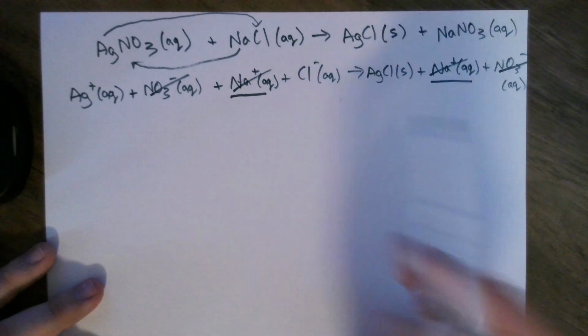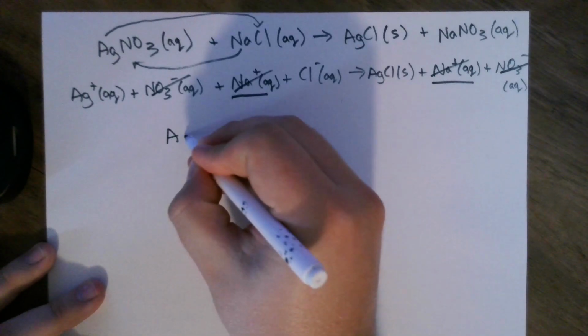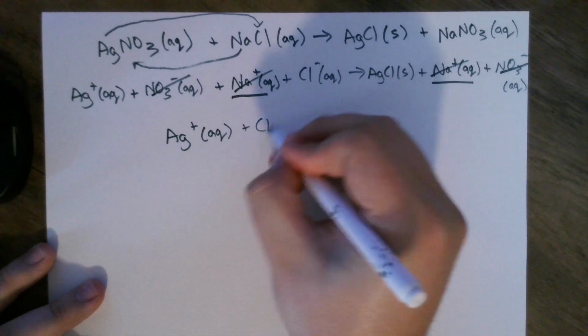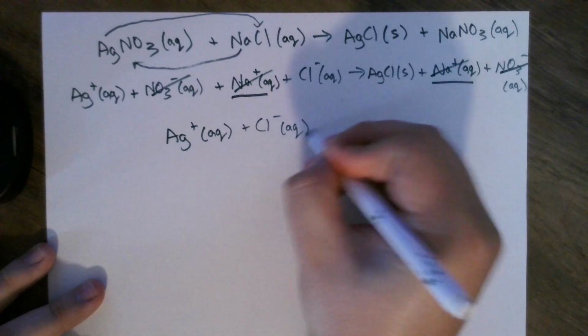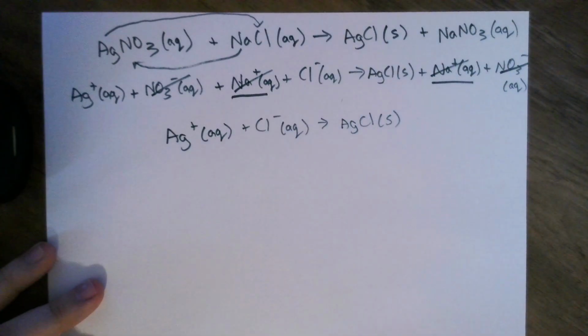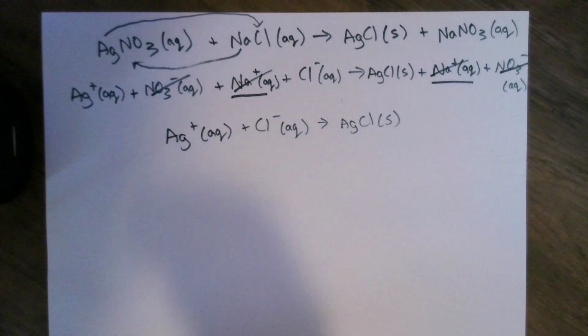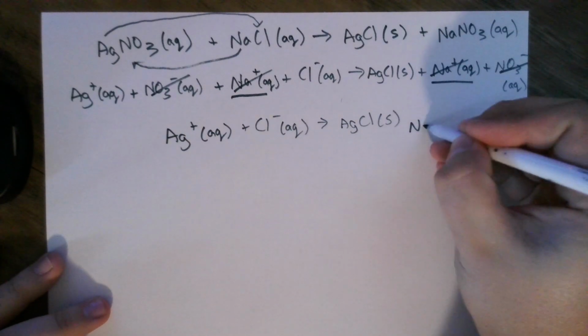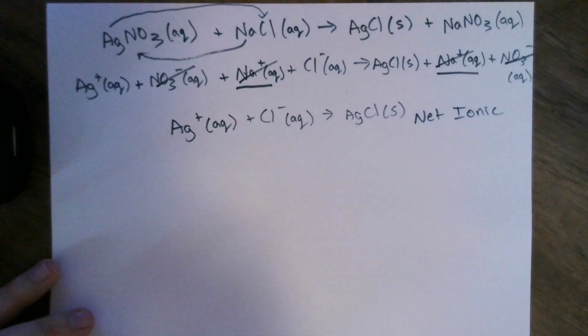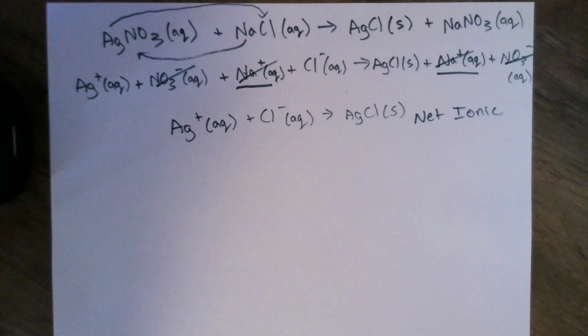Same with this Cl. So I'm just going to rewrite this with only the things that actually react. Like that. That's called a net ionic equation. Only the things that are actually reacting with each other are included in the net ionic.